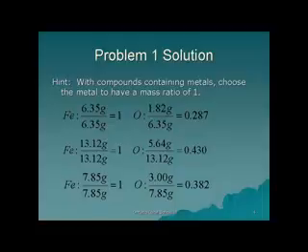In sample 2, for every 1 gram of iron, I have 0.430 grams of oxygen. And I'll let you just look at the way that I solve that rather than reading through it. For sample 3, I have 1 gram of iron for every 0.382 grams of oxygen.